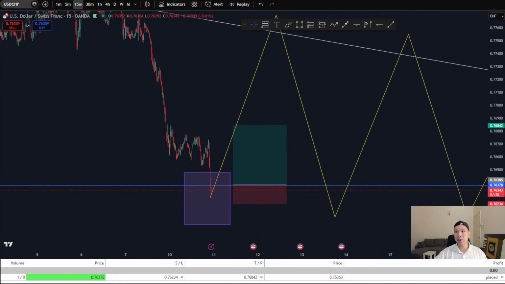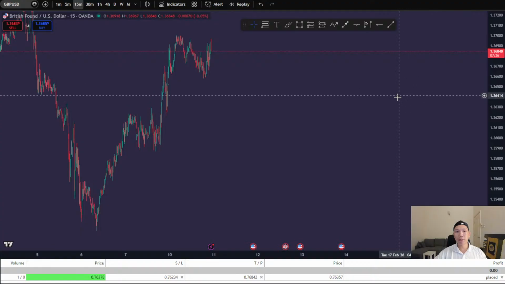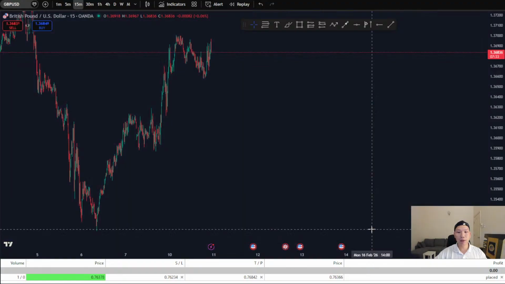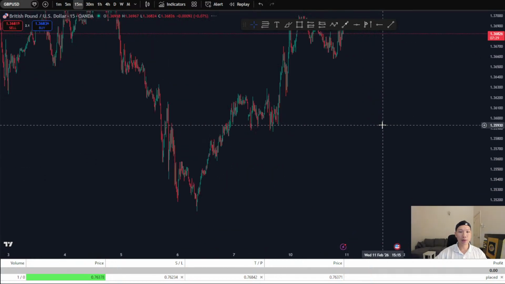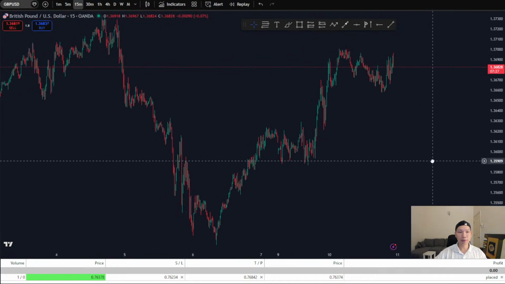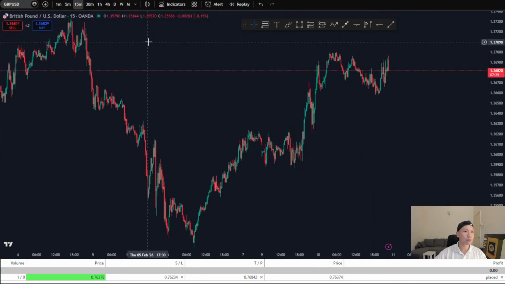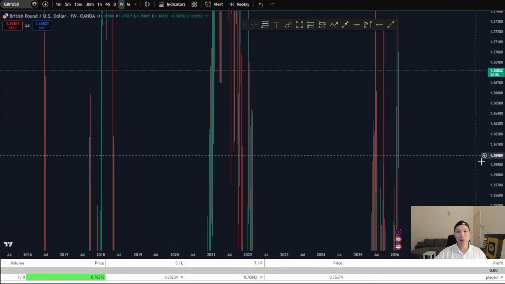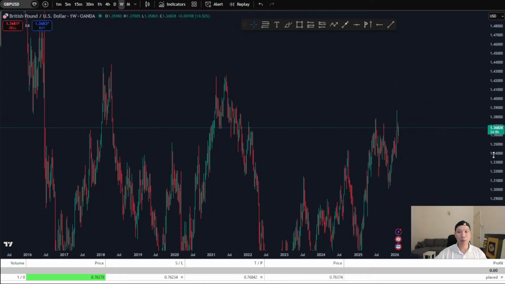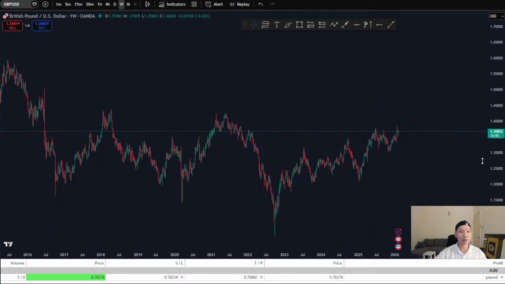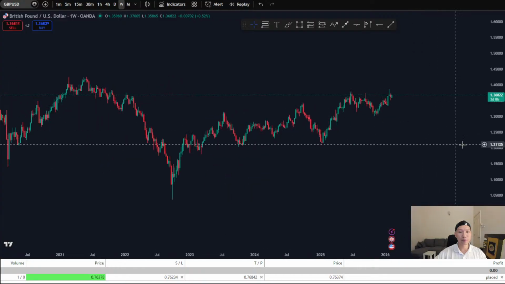All right, meanwhile, let's take a look at the other. Let's take a look at Great Britain pound, GBP USD.